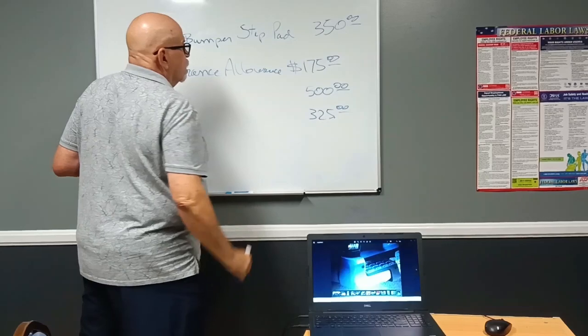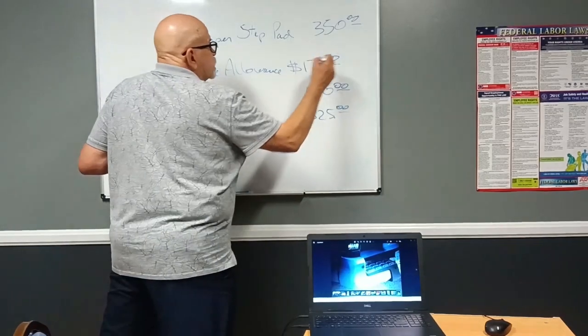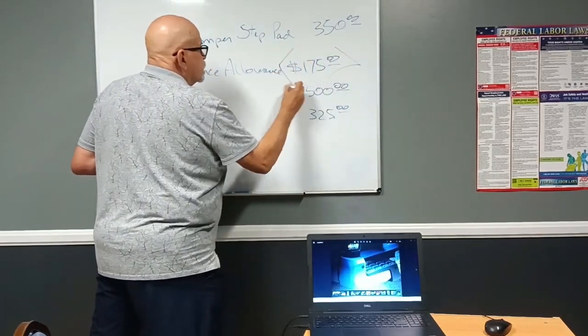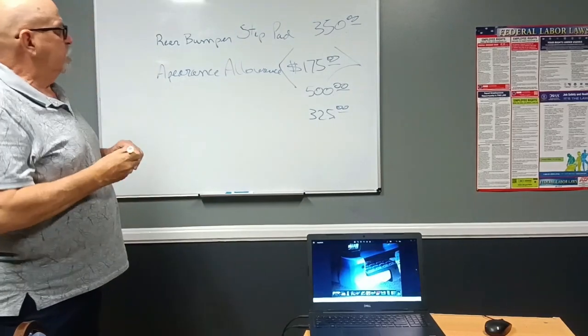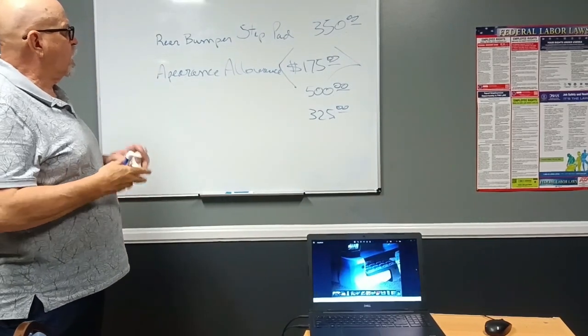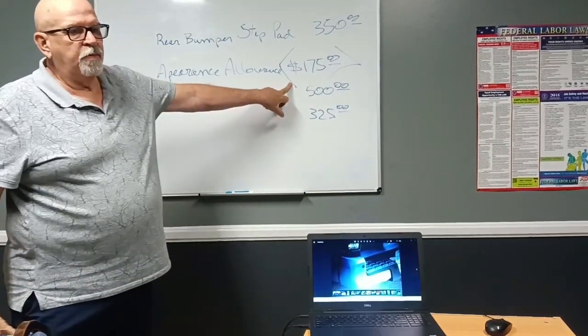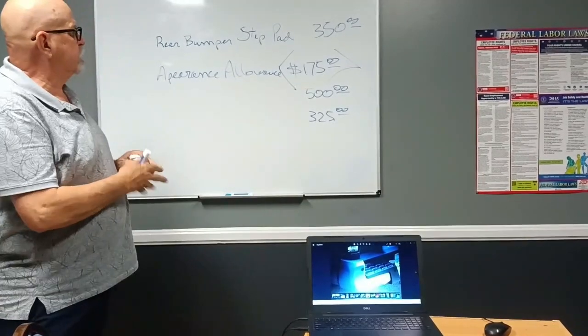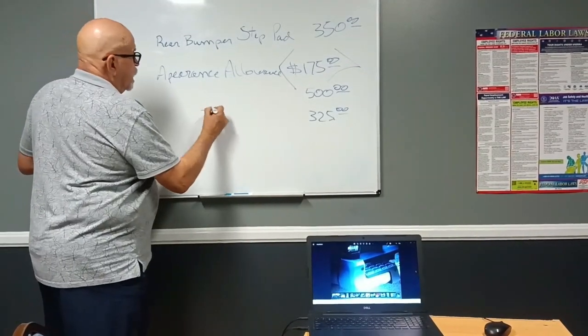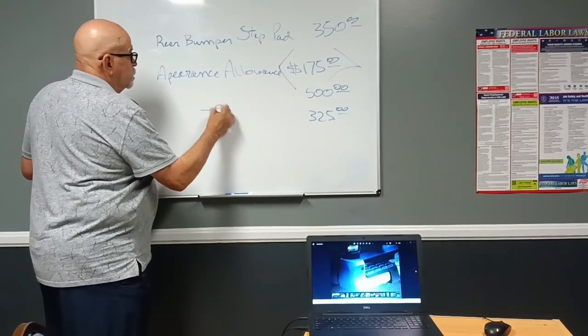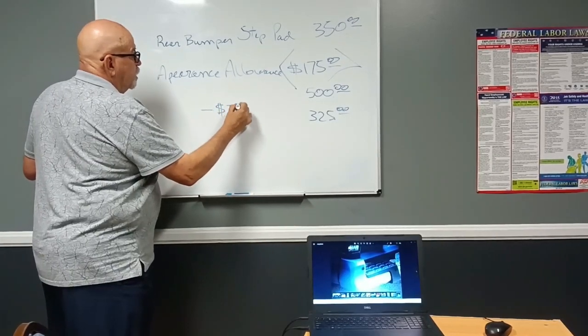Allowance. So, by the way, you know accounting, this means it's a debit, it's a negative. So it's just like saying minus $175.